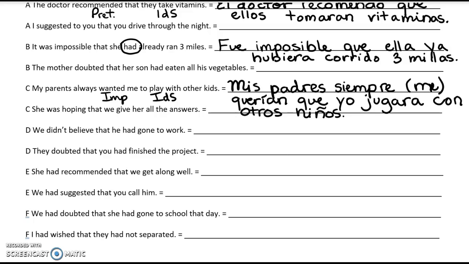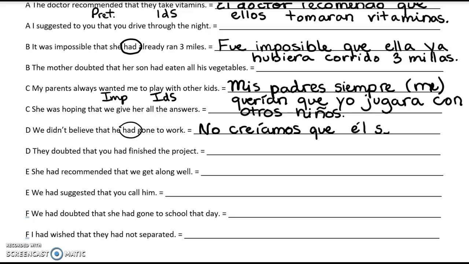The next one, we have a had. So we got to use a hubiera. And it is marked with imperfect. We didn't believe that he had gone to work. If you have preterite there, that would work for me too. I'm just asking you to use imperfect so that you can practice it. So we did not believe, no creíamos que él hubiera.